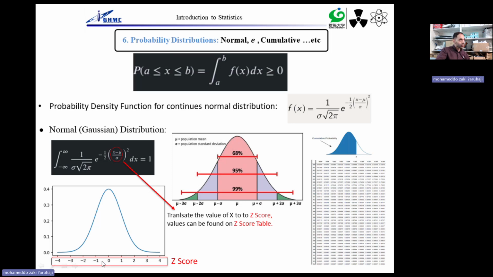Now, no one does the z-score by hand. Excel will do everything for you, or technology will. But the z-score has a z-score table. Can you see the table here? If I find my z-score, I find my number.